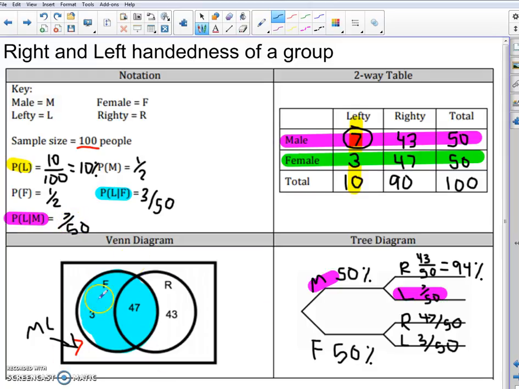And again, you could do the same thing on here. This is female, so these two numbers have to represent male. These are male right-handed, which means this has to be male left-handed. So 7 out of, add the 43 and 7 together to get 50 males. So that's something you could look at and practice reading from all three.